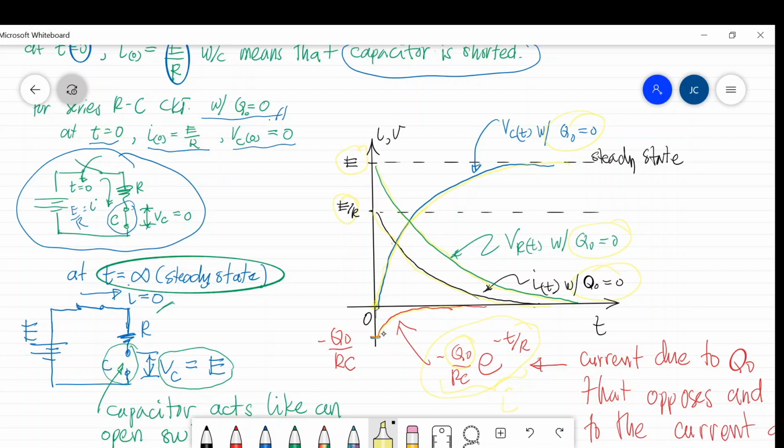So the negative value must be placed below the 0 reference, and it decays, in case that the charge is positive. However, if it is negative, then it adds up and it should be placed above the 0 reference.